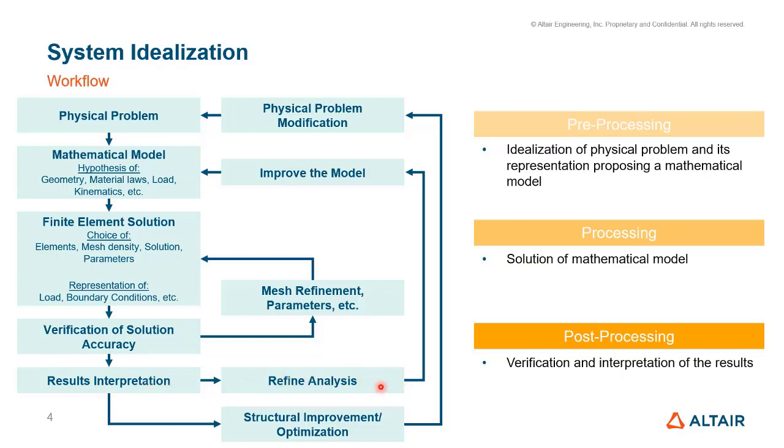And two ways of doing that is improving the model, the mathematical model, or even modifying our physical problem itself. This is what we did in our case. We modified our physical problem, and therefore we received different results due to that. And this is something that you also need to take into account whenever you're doing this system idealization stuff.